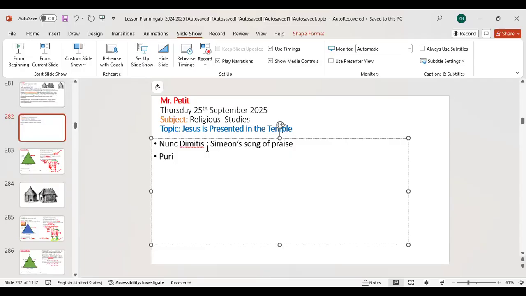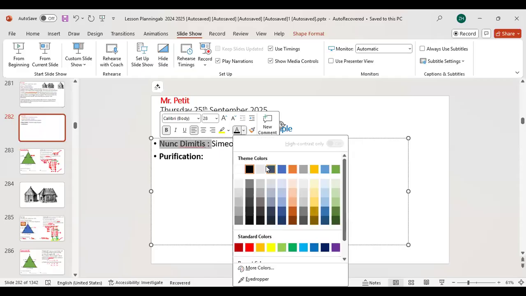What do you think purification means? Are y'all familiar with that? Purified of all evil. It's like a ceremony in the Jewish sense. Purification is what women go through after they give birth to a newborn.